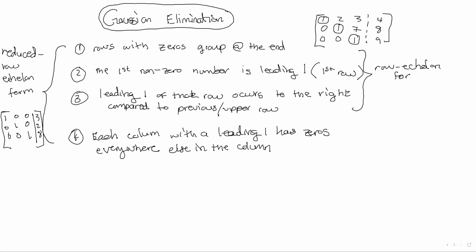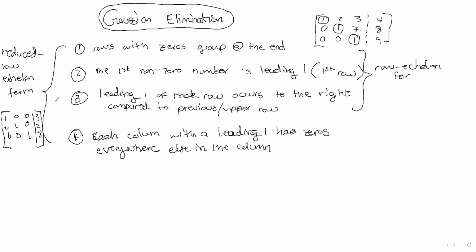The Gaussian elimination actually ends at number 3.